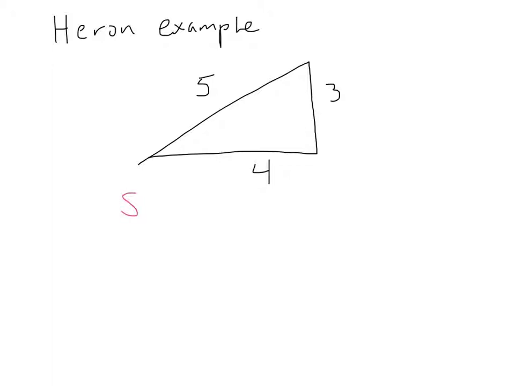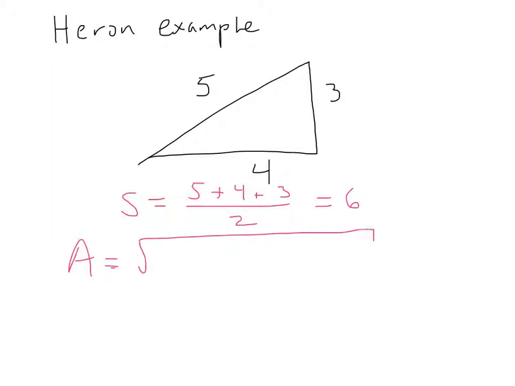So I'm going to say S is equal to 5 plus 4 plus 3, which is 12, all divided by 2, so that's 6. So the area is going to be the square root of 6 times 6 minus 5, which is just 1, times 6 minus 3, which is just 3, times 6 minus 4, which is 2.